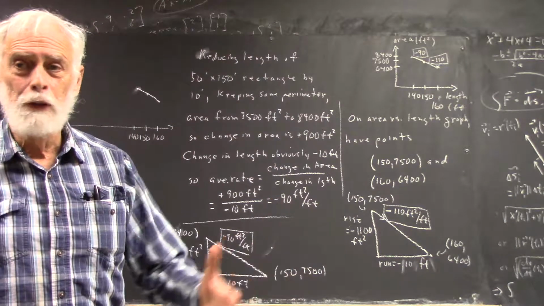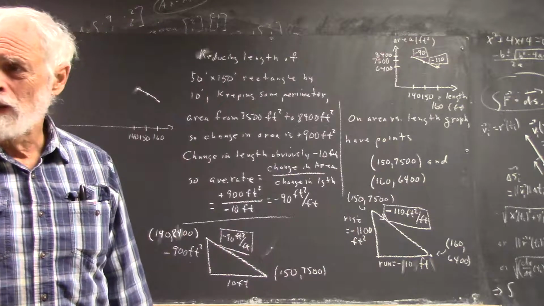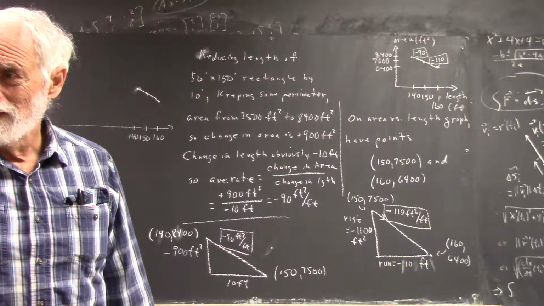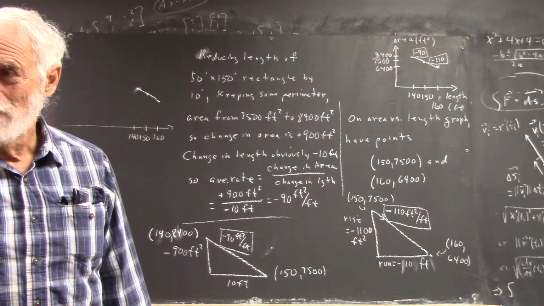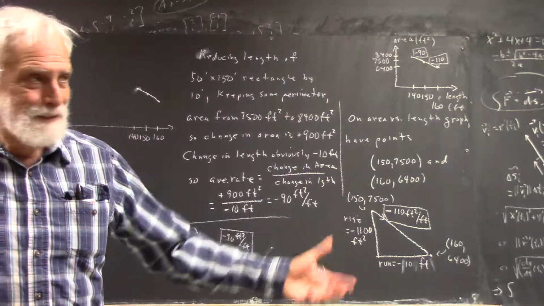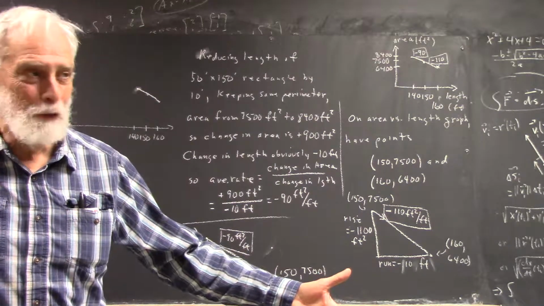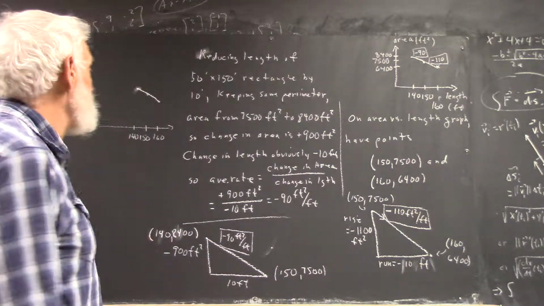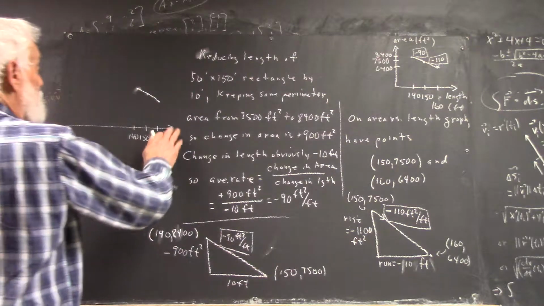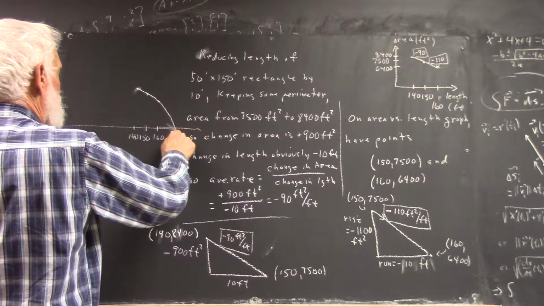If I keep decreasing my length, how much could I possibly decrease my length? To nothingness. I could decrease my length all the way down to 0 and have something really wide, but with no thickness, right? So my domain for this function, it turns out, has to end at 200.